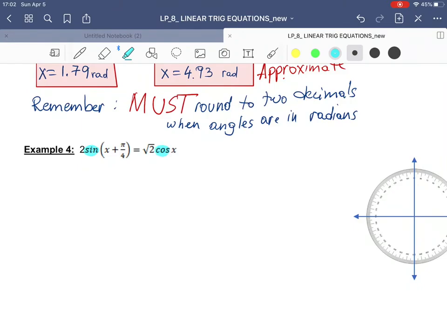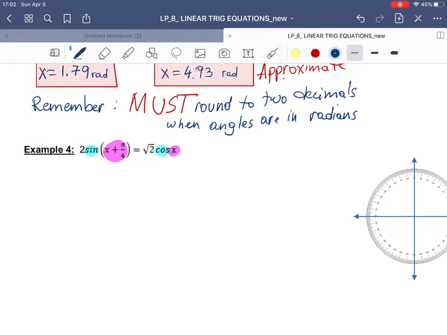Not good news. And then when it comes to the angles, we have pi over 4 and x. Definitely not good news either. So what are we going to do? We're going to deal with this problem one at a time. First we're going to make sure that our trig ratios will have just x inside them.